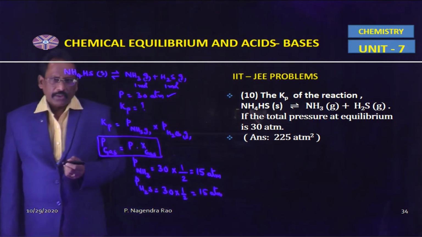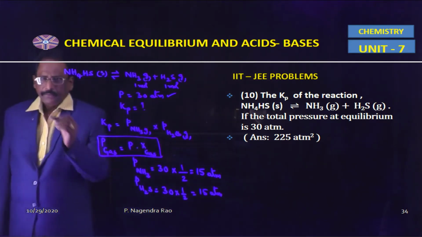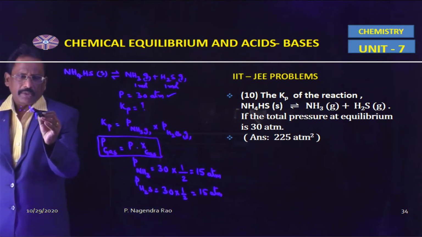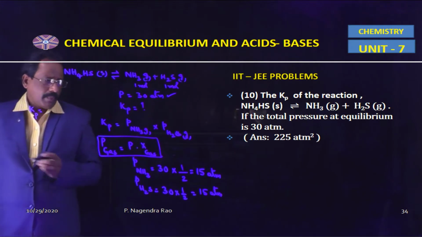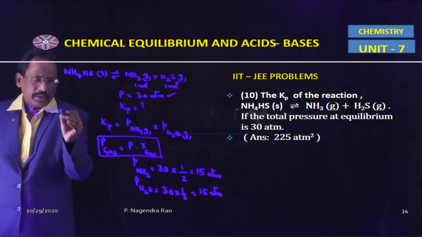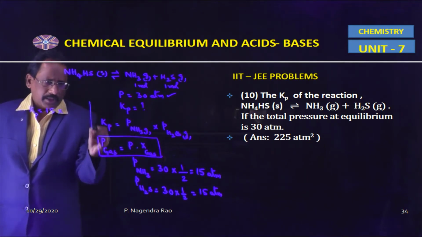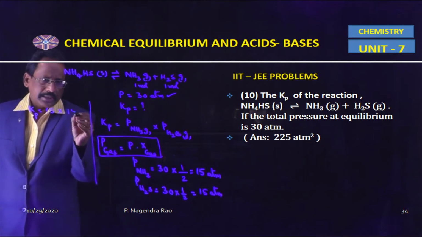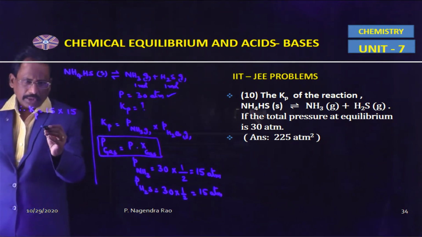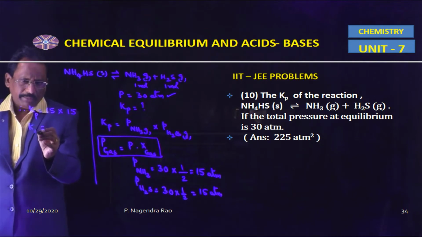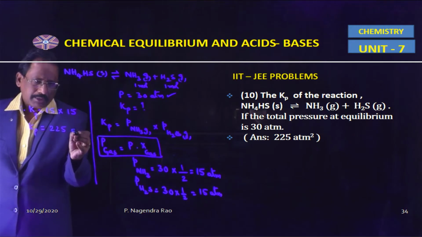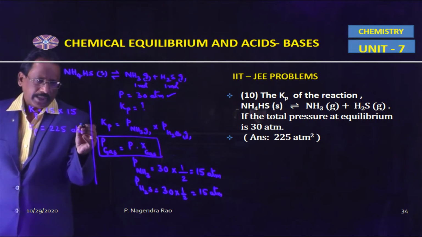So therefore, the Kp, equilibrium constant in terms of pressure, is equal to the partial pressure of ammonia gas, 15, into the partial pressure of H2S gas, which is also 15. Therefore, Kp is equal to 225 atmosphere square.